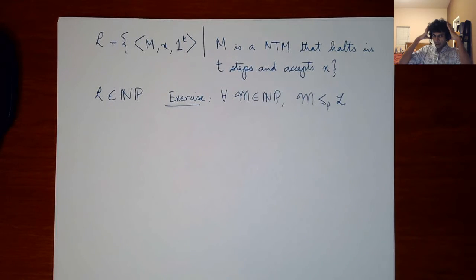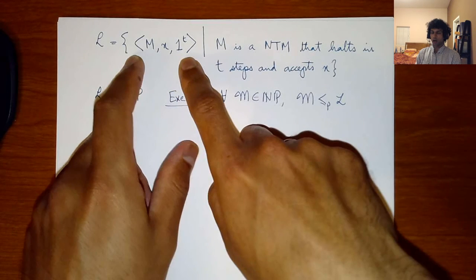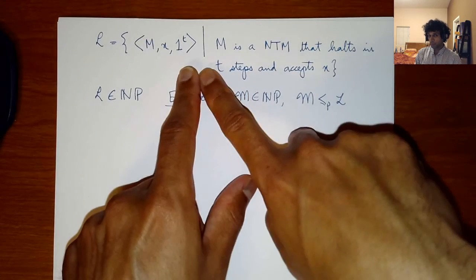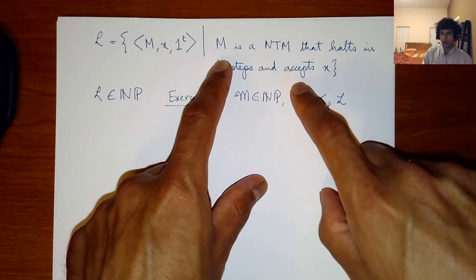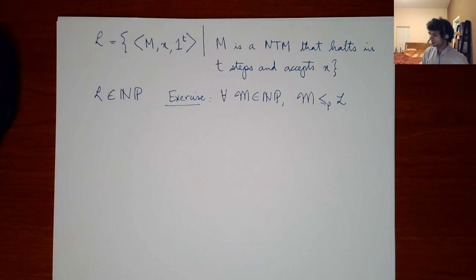And just to complete the argument, you need to have a certificate that works for things that are in the language, but if it's not in the language, there should be no certificate. You will have that, because if M does not accept X, then no matter what the non-deterministic choices are, it's not going to accept. So you have to get both sides of the argument.